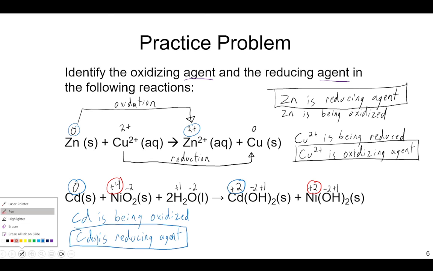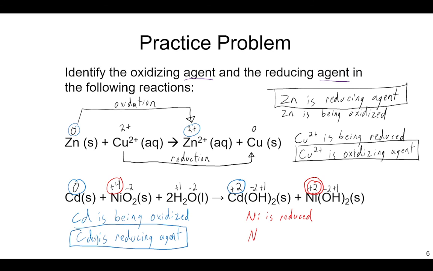We can look at nickel going from +4 to +2. It is gaining 2 electrons. Right, +4 to +2. So it is gaining 2 electrons. So nickel is being reduced. And I do need to be careful here and specify that it's the entire reactant here that is the reducing agent.